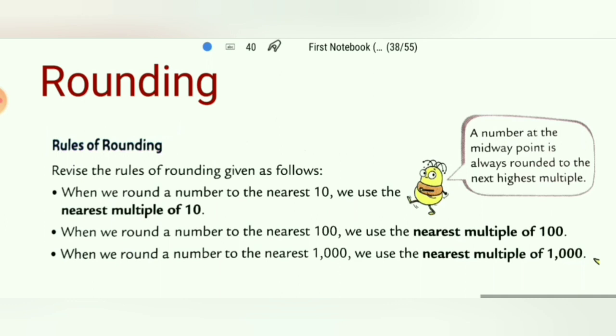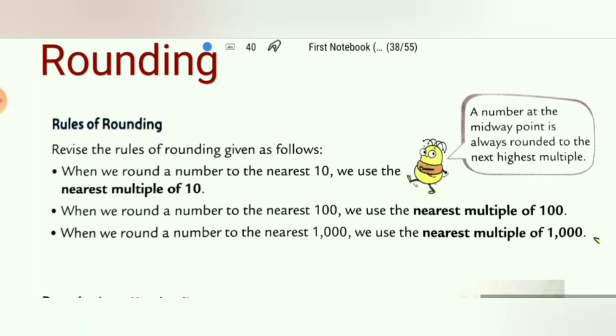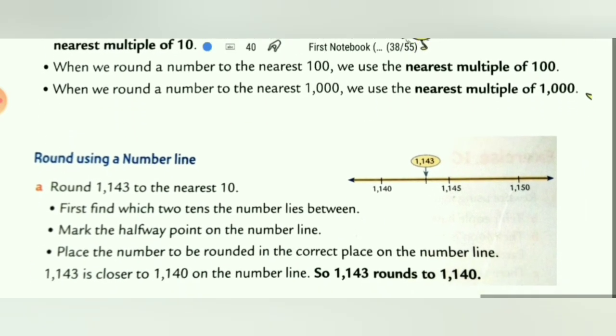The first, when we round a number to the nearest 10, we use the nearest multiple of 10. Next, when we round a number to the nearest 100, we use the nearest multiple of 100. Next, when we round a number to the nearest 1000, we use the nearest multiple of 1000.